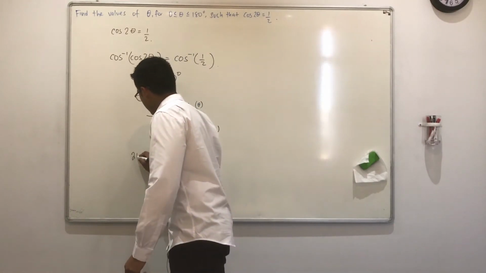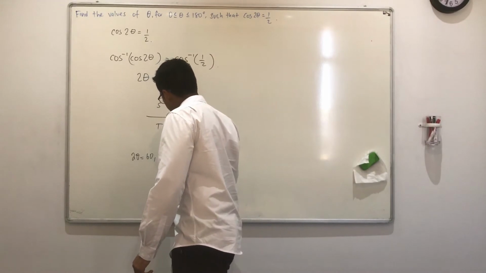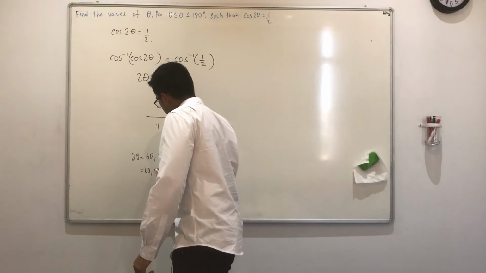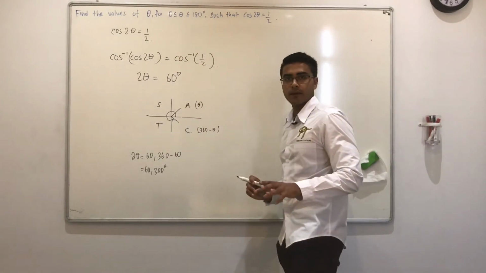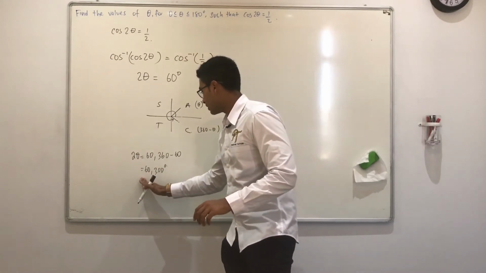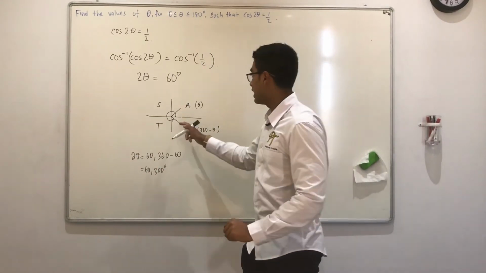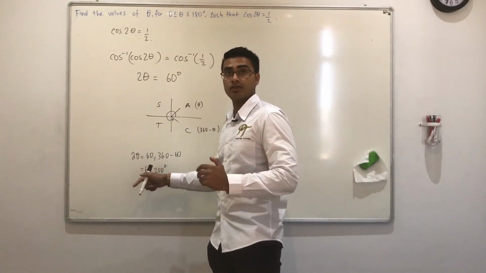So 2 theta is equal to 60 and 360 minus 60, which is 60 and 300 degrees. So note, I just want to pay attention to there being 2 angles in the first rotation.